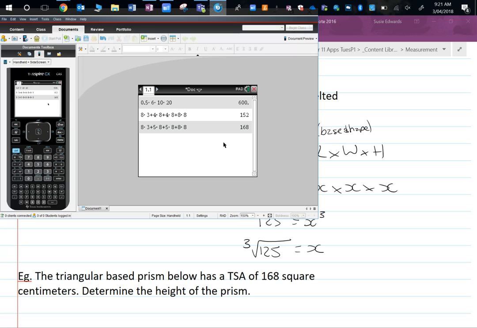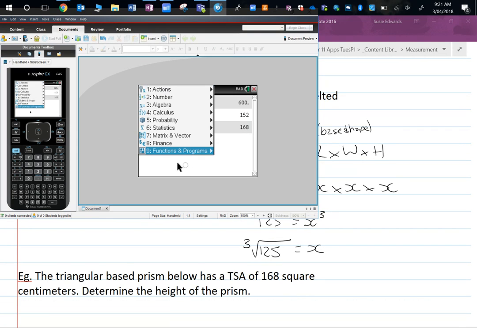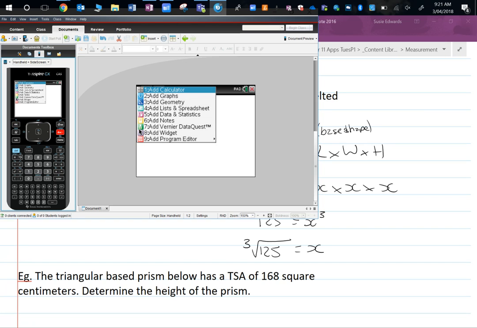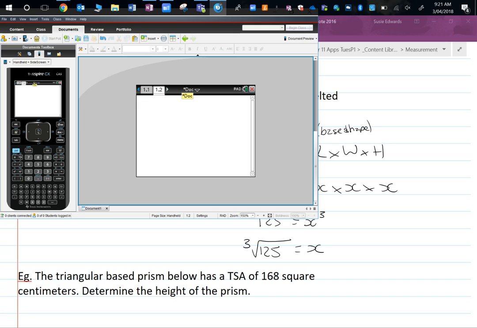So on our calculators, where do we find a cubed root sign?